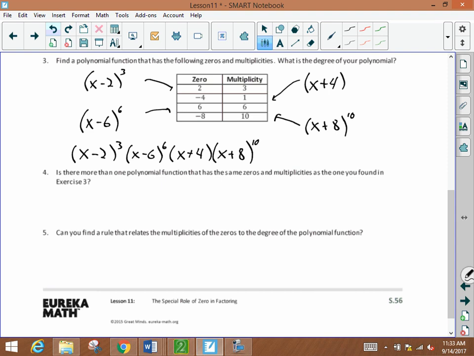How would we find the degree of this polynomial? We could really just add up those exponents. Just think about it. Real quick. If I multiply it out, I wind up with an x squared, right?